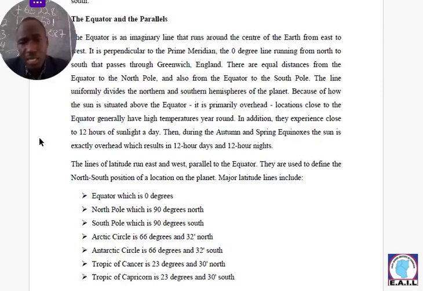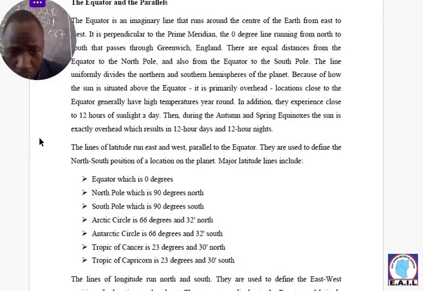Major latitude lines include the equator, which is labeled 0 degrees. Then the North Pole, which is 90 degrees north. The South Pole is also 90 degrees south. Then you have the Arctic Circle, which is measured at 66 degrees 32 minutes north, and the Antarctic Circle, which is 66 degrees 30 minutes south.